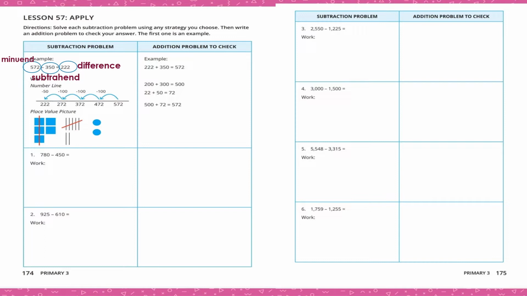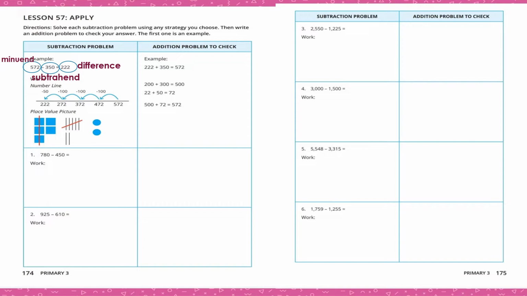Okay? We will use the same way to check our answer here. Example 1. 572 minus 350. You should know the first number in the subtraction operation is called the minuend. The minuend, okay?